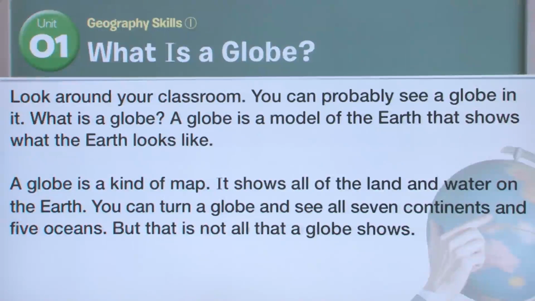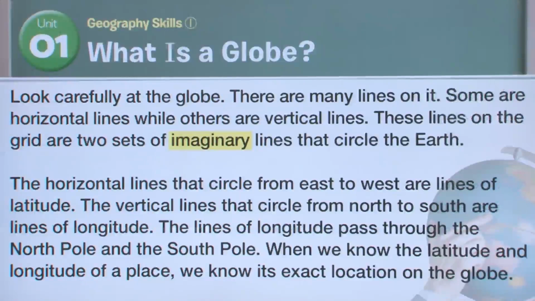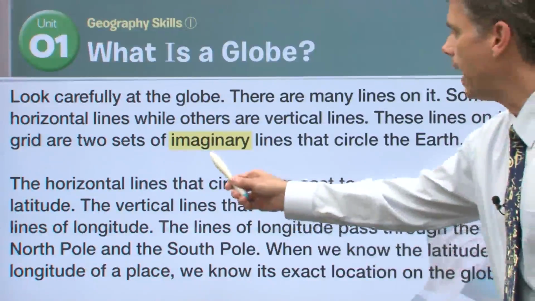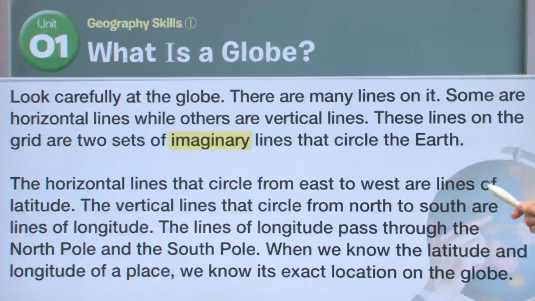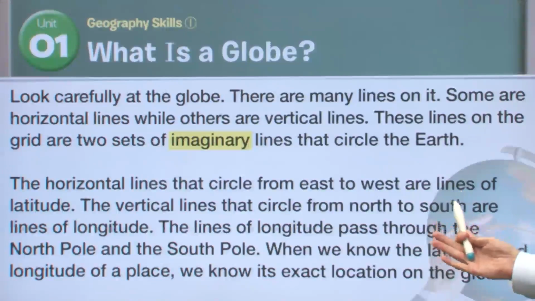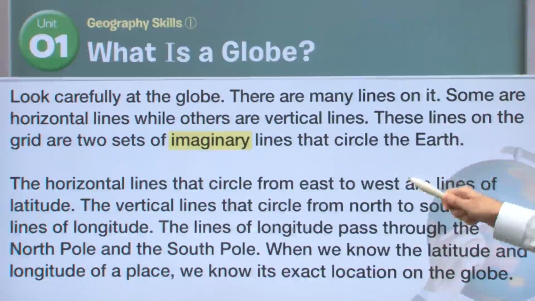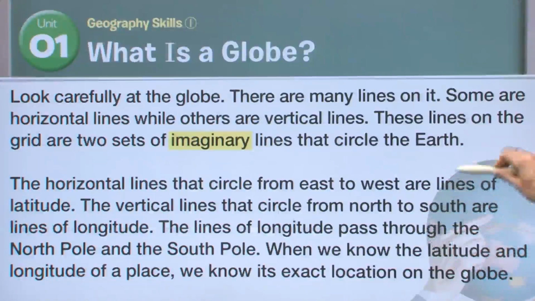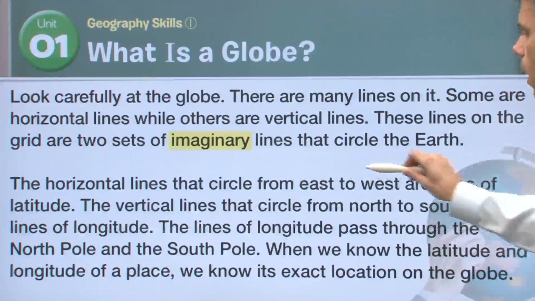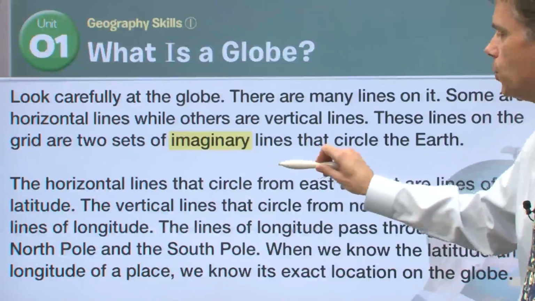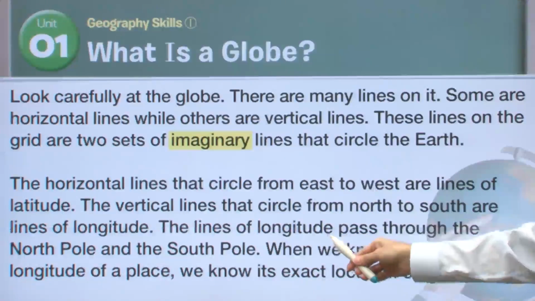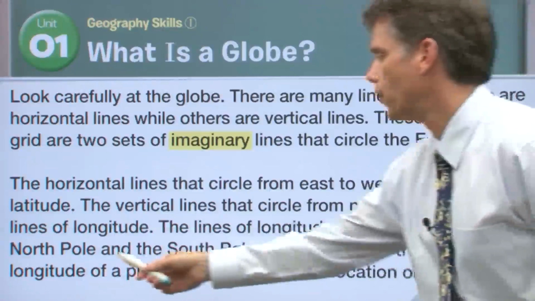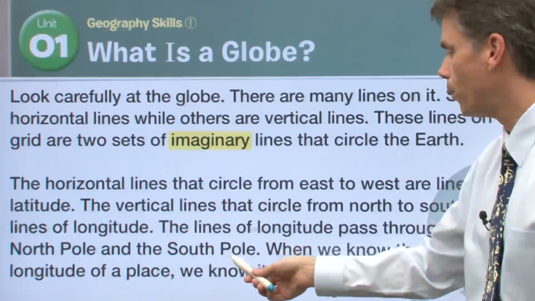Now, let's move on to latitude and longitude. There are imaginary lines, not real lines, that are on the globe. What do they show? They show us the places. The horizontal lines are lines of latitude. The vertical lines are lines of longitude. Longitude goes from the North Pole to the South Pole.